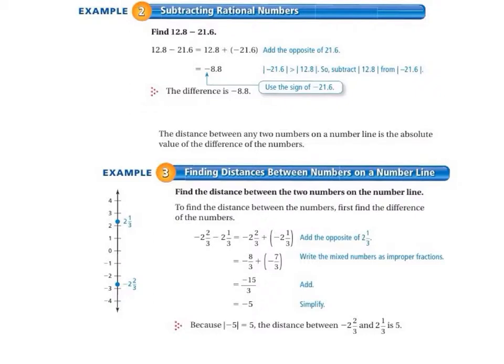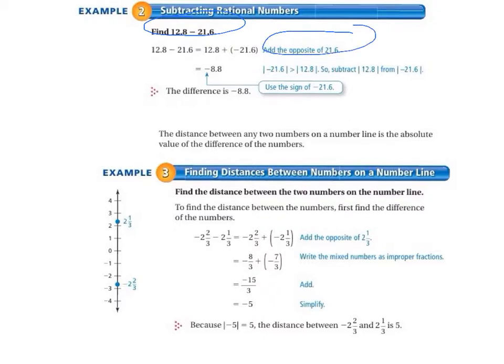Let's move on to example 2, subtracting rational numbers, and now we're working with decimals. Our job is to find 12.8 minus 21.6. So we add the opposite of 21.6.